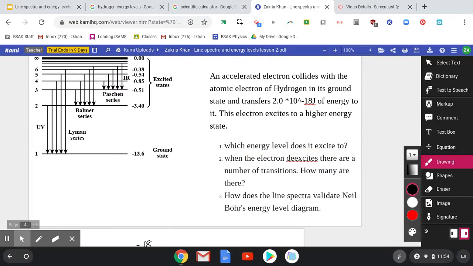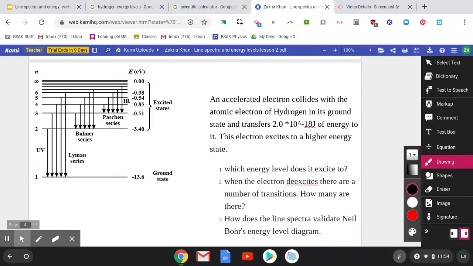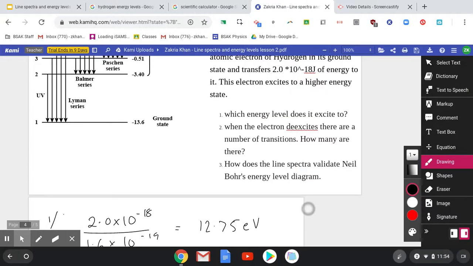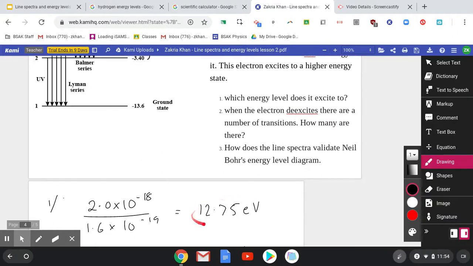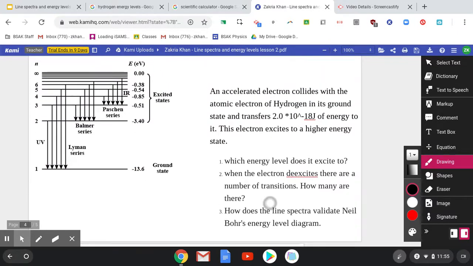Which energy level does it excite to? Now, this is all in electron volts. This is joules, so we must convert this into electron volts first. So the energy that is absorbed by the electron sitting at the ground state is 12.75 electron volts.